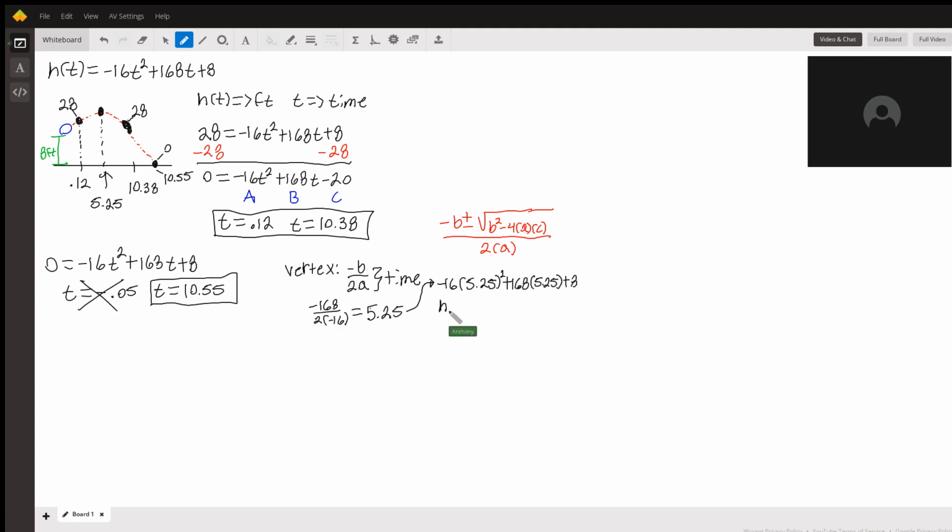And this would give us that h of t would equal 449 feet. So you have your maximum height, which is the 449 feet, and for it to reach the maximum height, it will be 5.25 seconds.